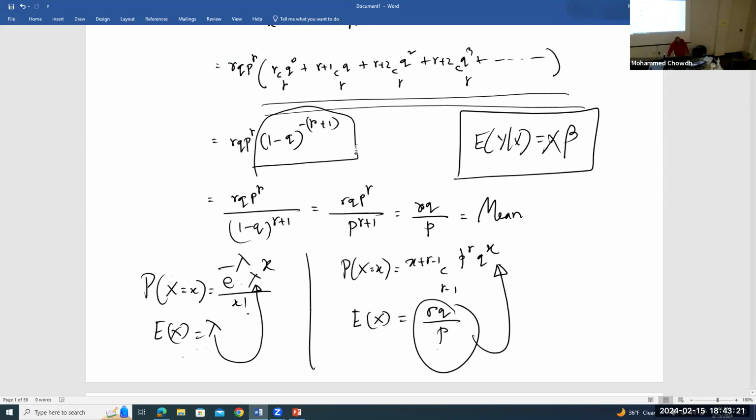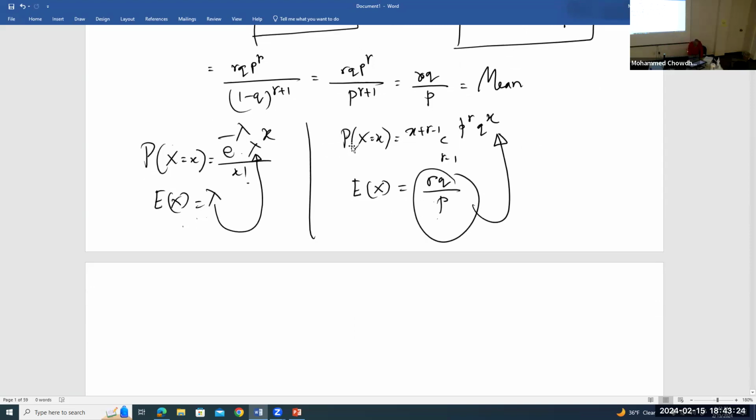Okay. I'm not going to derive the variance, but the variance of the negative binomial distribution is this: variance of x equal to rq over p squared.